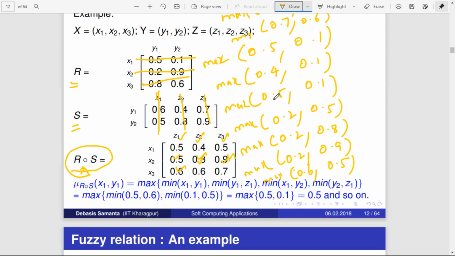Here, the resultant matrix in R cross S contains 3 rows and 3 columns, because the first matrix contains 3 rows and the second matrix contains 3 columns.